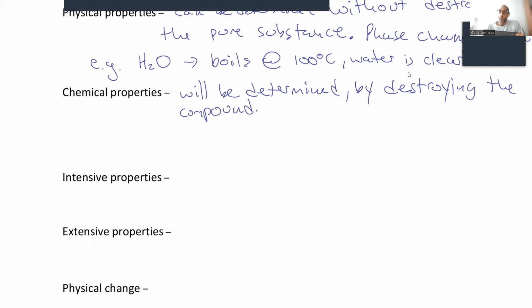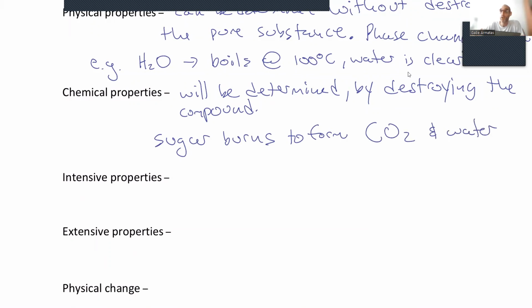So if we take sugar and I react it and I burn it, it burns to form, let's see, CO2, carbon dioxide, and water. I know that I can just take a flame to sugar and it catches on fire. So sugar burns. Okay. In fact, I don't even need to say the rest of this. Sugar burns. Okay. That is a chemical property. Sugar can be caught on fire and it will burn.